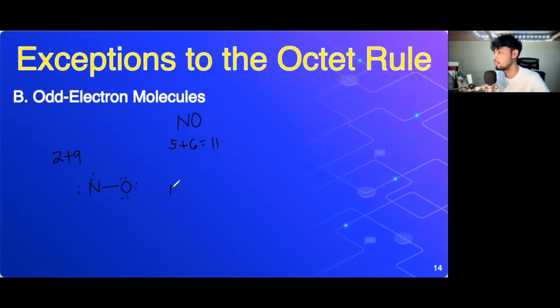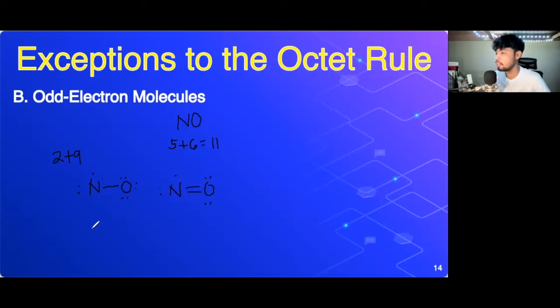Another Lewis structure for nitric oxide is this. In this structure, oxygen has 8 electrons and nitrogen has 7 electrons. So which of the two is a more plausible structure for nitric oxide?